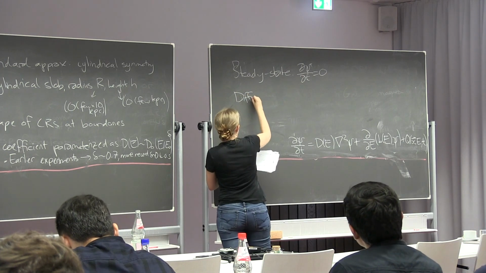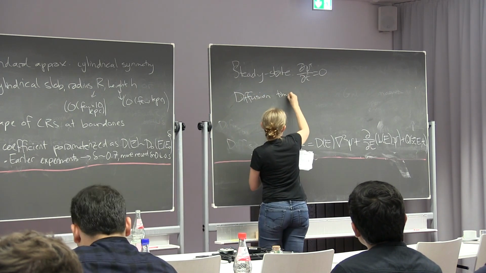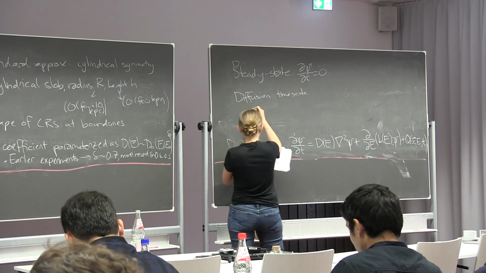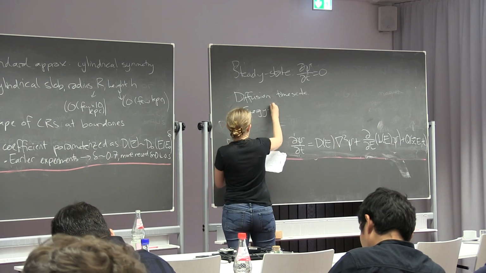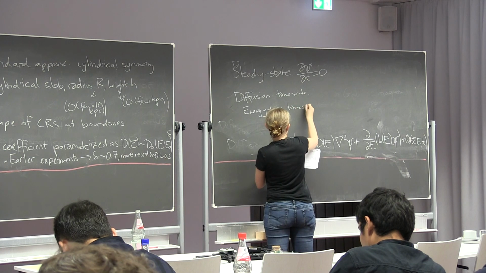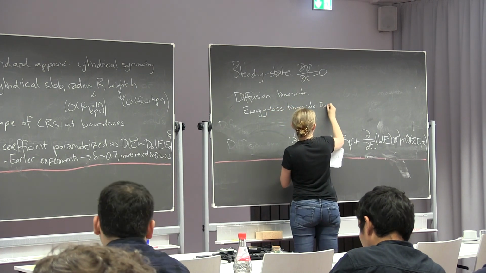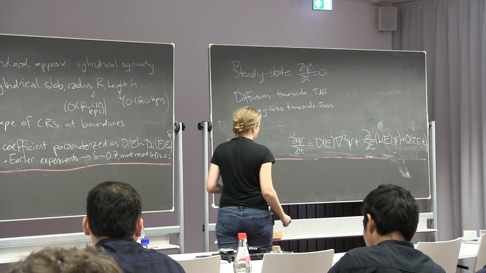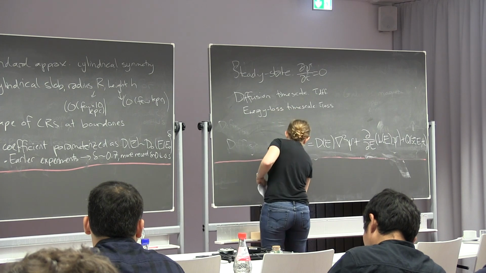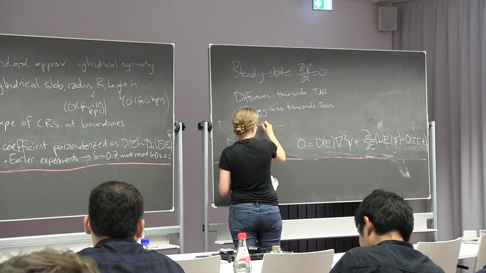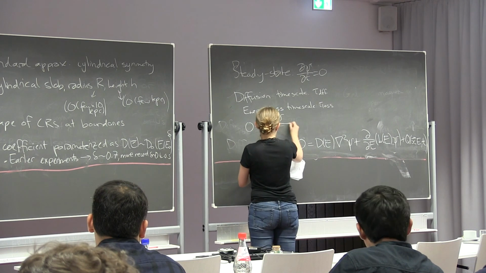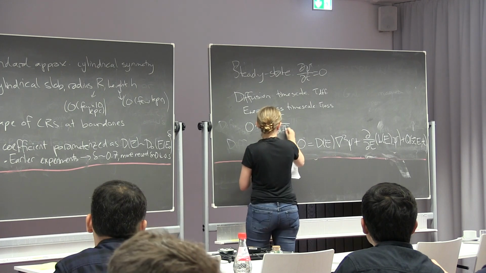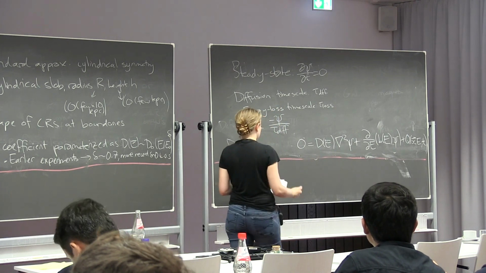Let's characterize the diffusion and energy loss processes by timescales so that we can write, so our goal is to write this steady state equation approximately as: there's a rate at which the number density at a given energy is depleted due to diffusion.